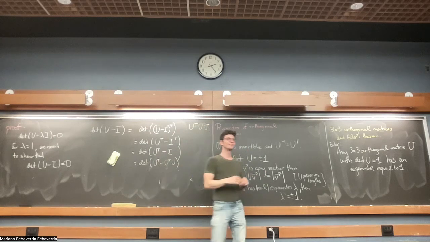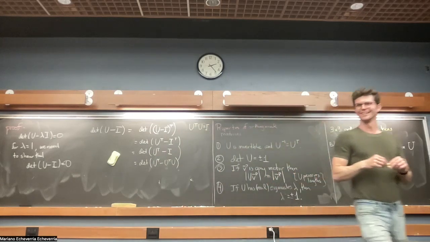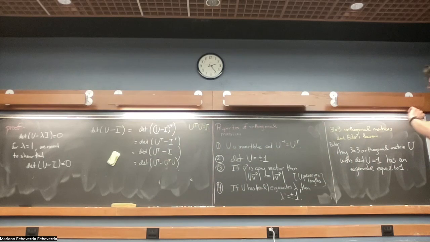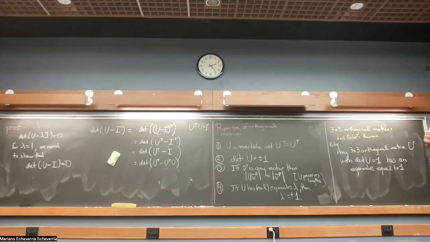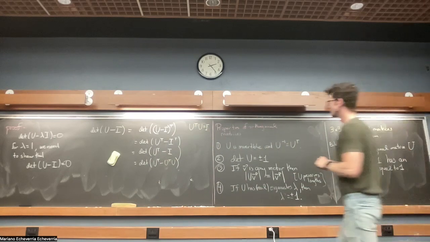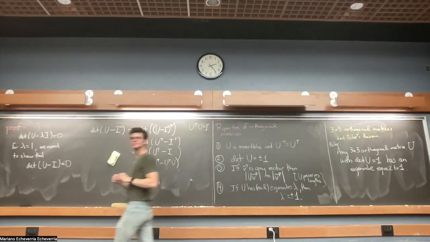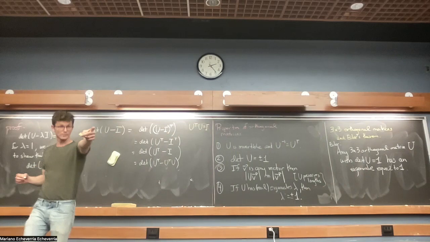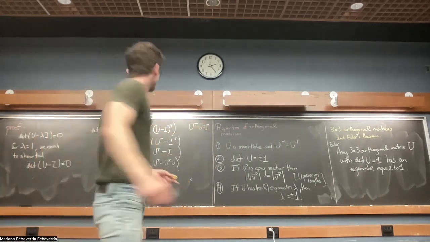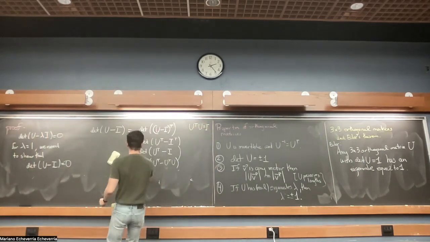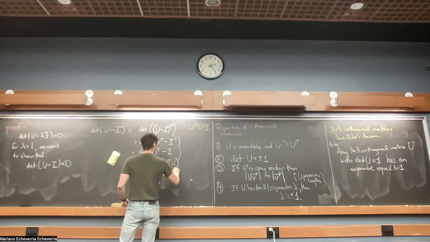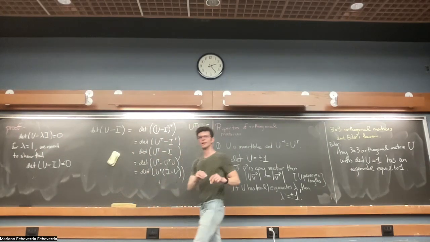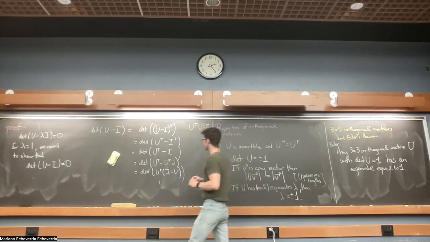Now what do you want? What should you do? What can you do? Yeah, common factor. There's a U transpose I can factor out, right? Is that okay?